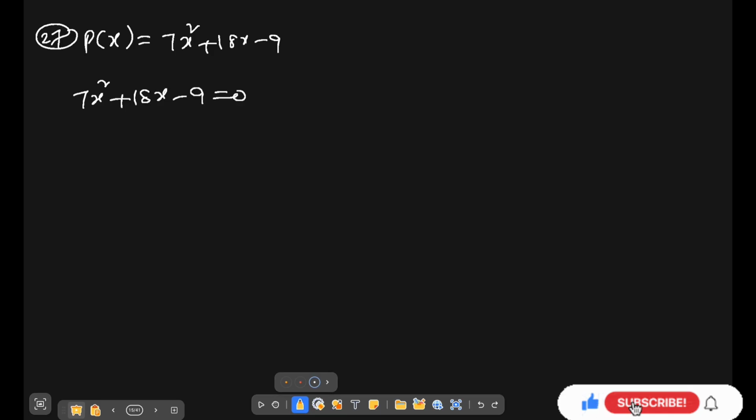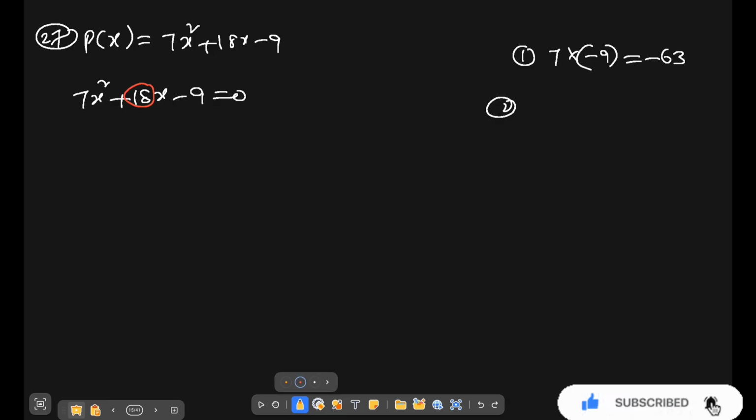So to factorize it, we have to multiply the coefficient of x square, 7, and the constant term, minus 9. 7 into minus 9 is equal to minus 63. The factors of 63 must be such that if we multiply we should get minus 63, and if we add we should get the middle term 18.